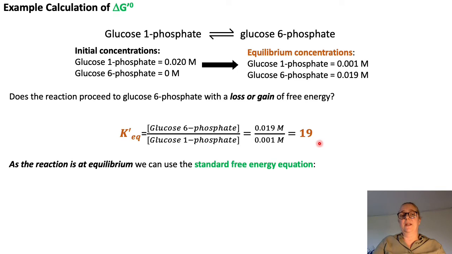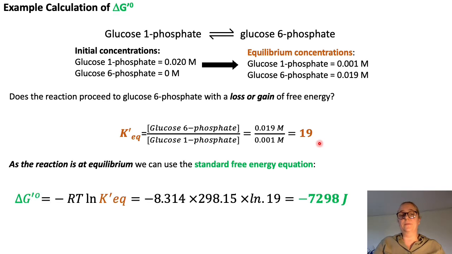As the reaction is at equilibrium, we can use the standard free energy equation, which equals minus RT ln K. That gives us the gas constant, minus 8.314, times temperature in Kelvin, 298.15, times ln 19, which gives us a free energy of minus 7,298 joules.